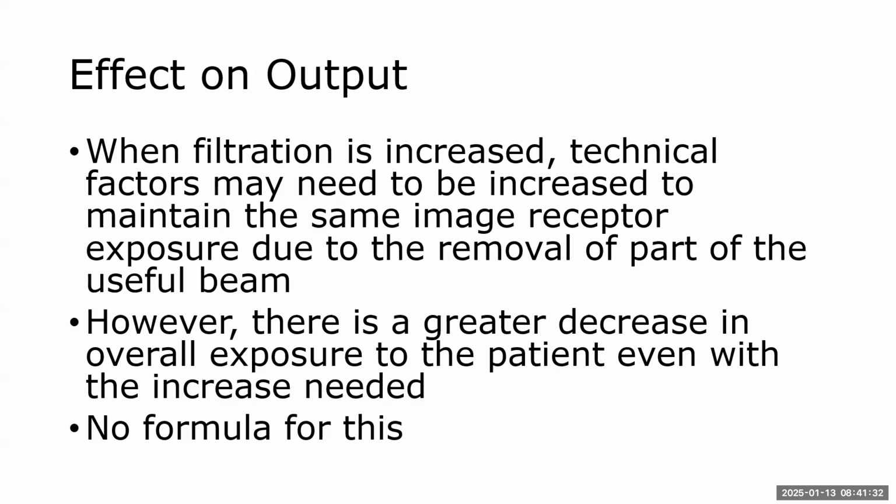However, there's a greater decrease in overall exposure to the patient, even with the increase needed. There's no formula for this. No books say, hey, if you add this much filtration, you need to add this much mass. There's no formula. In general, with digital, you can really sort of get by with it without having to change mass.